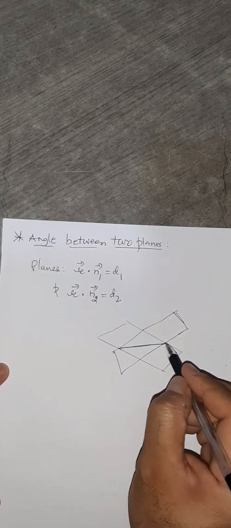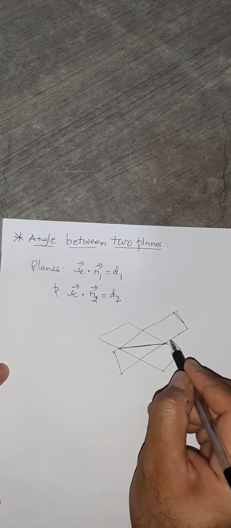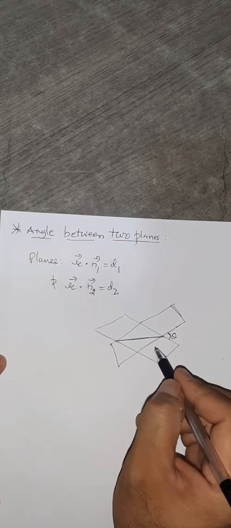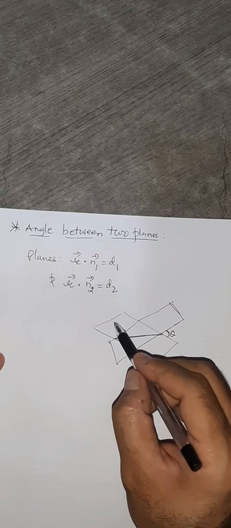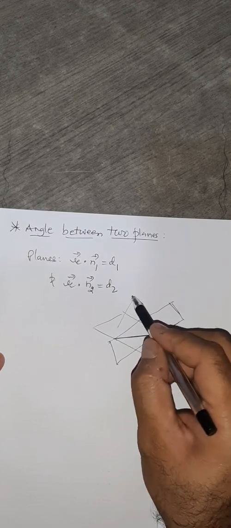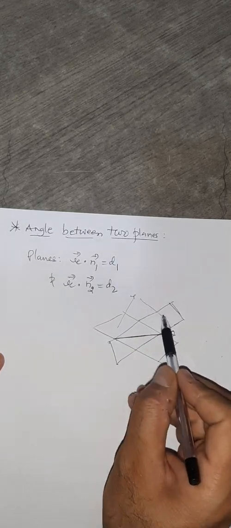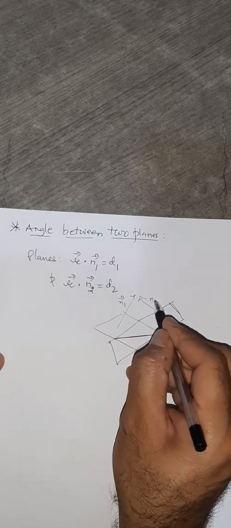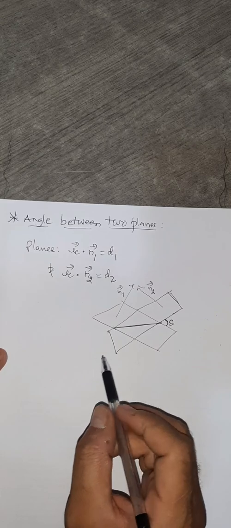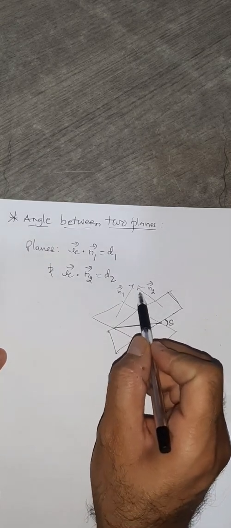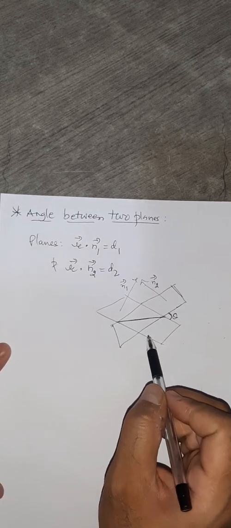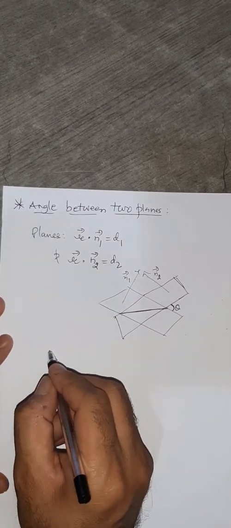So here the angle will be, you can take this as theta. This will be the obtuse angle. This is a normal to this plane. Here this is a normal to this second plane. N1 vector, N2. Now here it's difficult to visualize, but the angle between these two is the same as the angle between their planes.